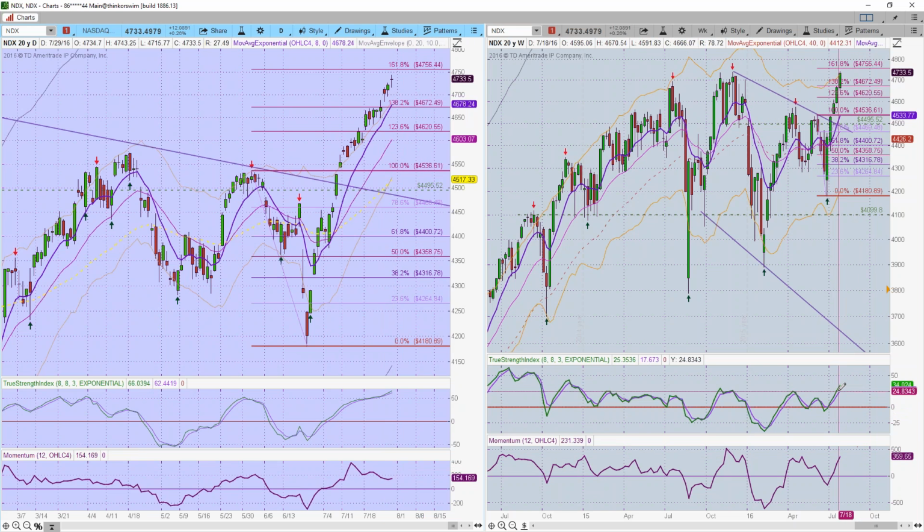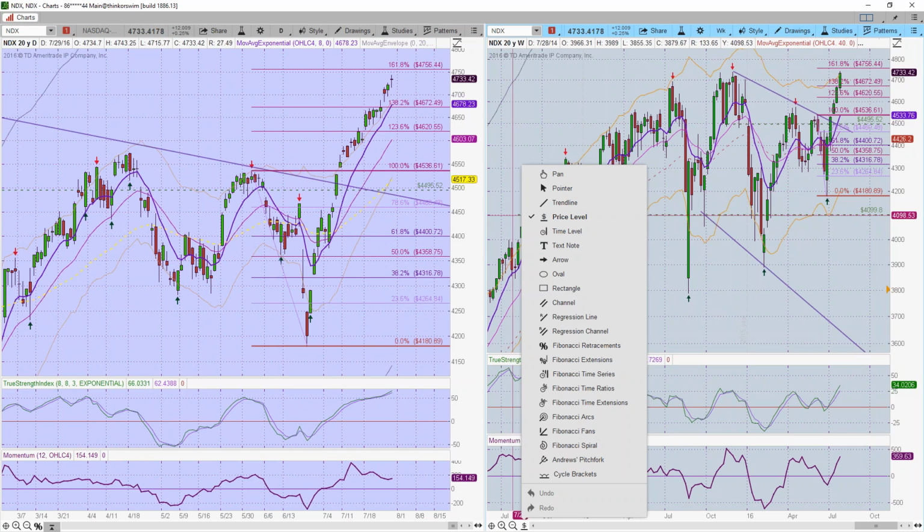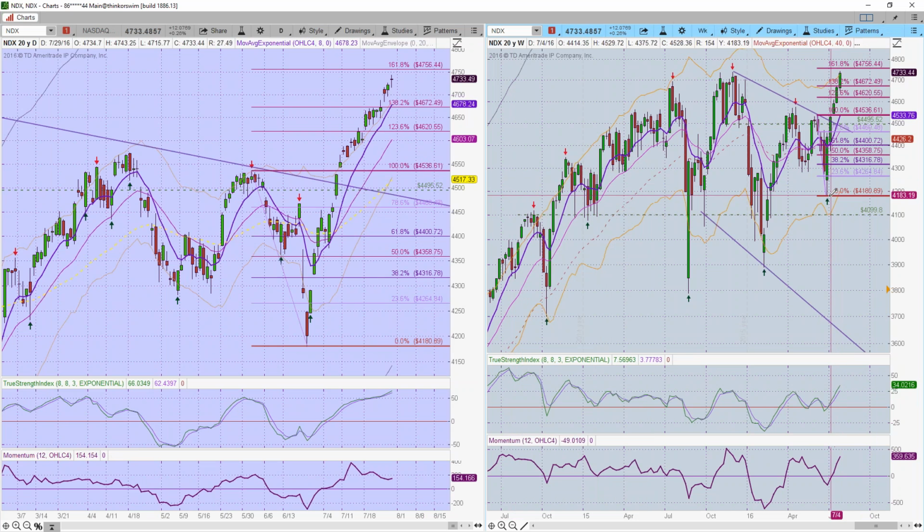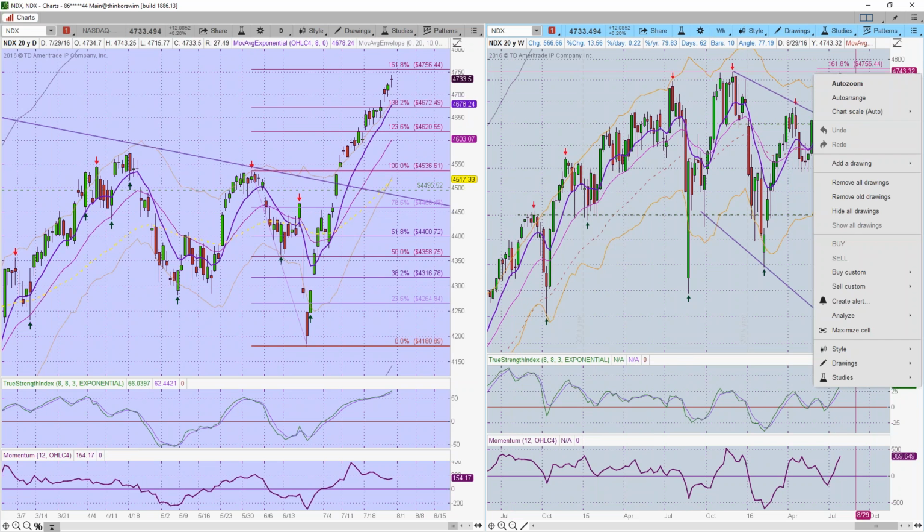Same thing over here weekly wise, price action could continue to move up. And this has been one heck of a move over the last 4 weeks, 5 weeks. From the low about a month ago up to here, it has moved about 13%, which is a significant, fast move to the upside.